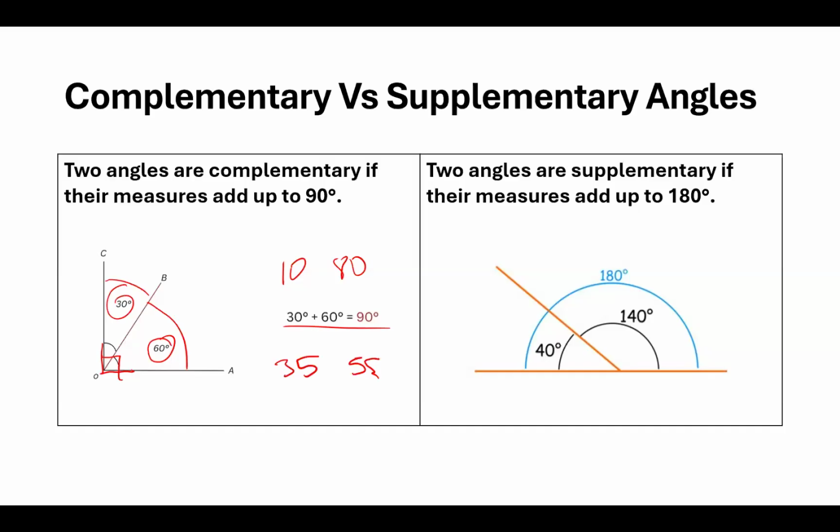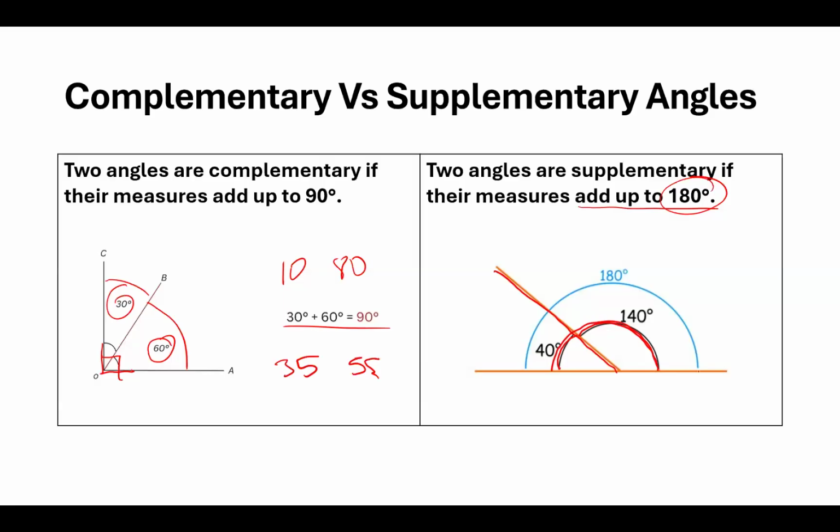In a similar way, supplementary angles need to add up to 180. So the example that you see in the picture would be 140 and 40. This is an angle of 140 degrees, and this is an angle of 40 degrees. If the second one starts where the first one ends, and you create a single angle by adding both, the whole sum would be 180.